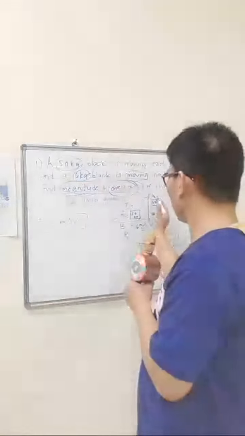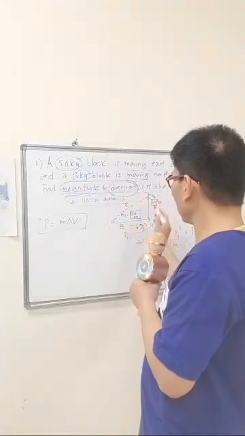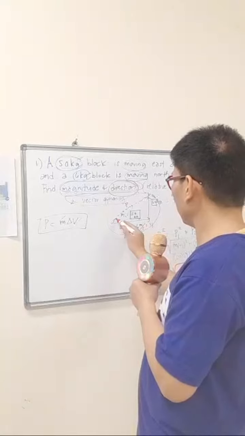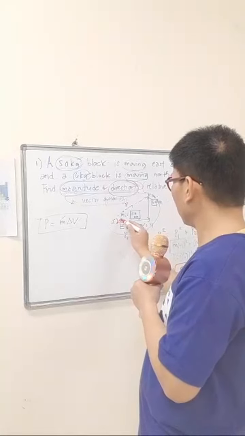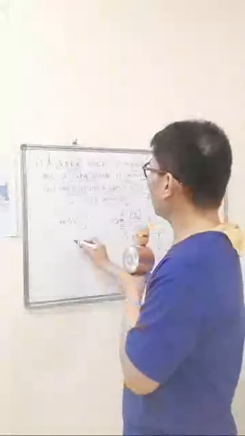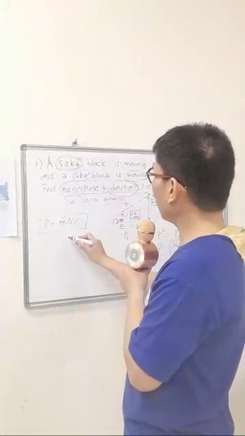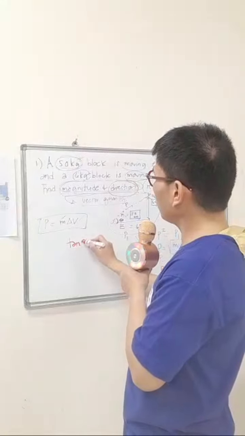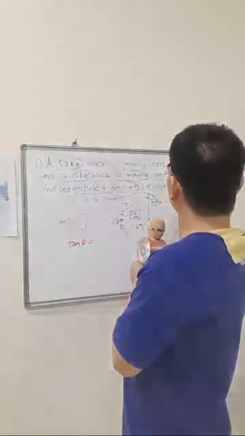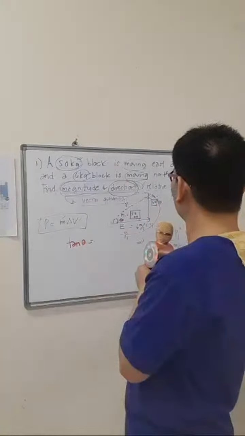If we consider this one, you need to solve for the angle here. This is going there. So let's try first tangent theta. Tangent theta is equal to P2, which we have here.